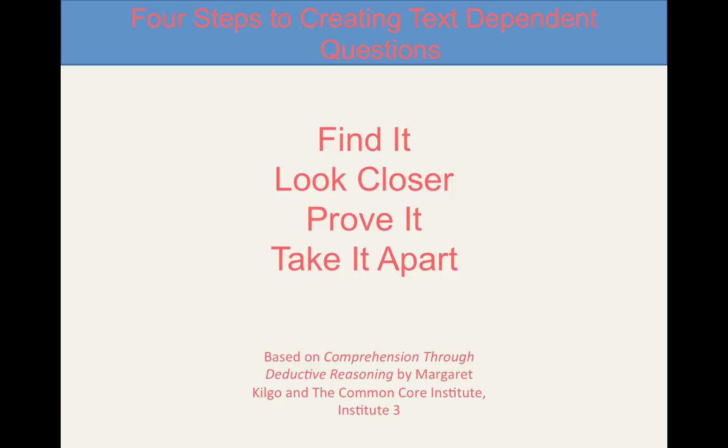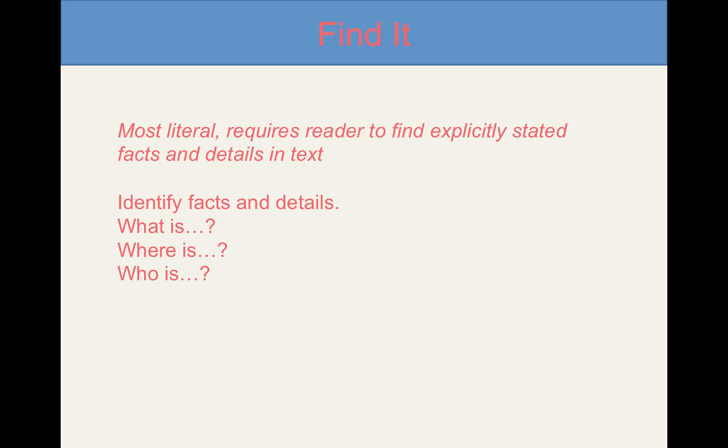Here are 4 steps for creating text-dependent questions. You want to find it, look closer, prove it, take it apart. Those are the 4 steps. So in find it, most literal requires the reader to find explicitly stated facts and details in the text. Look at the question stems.